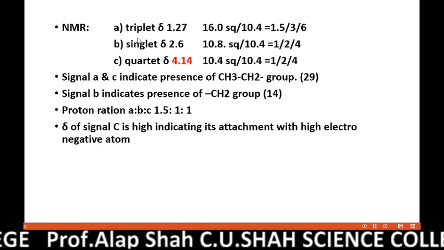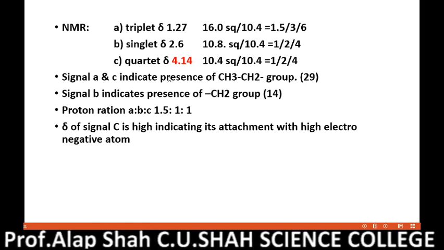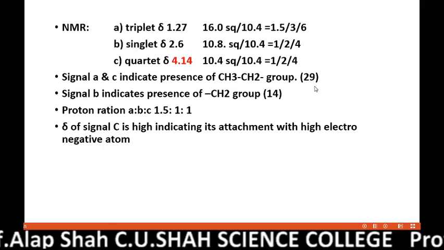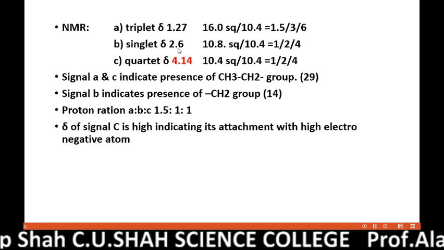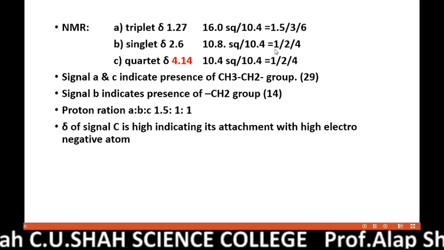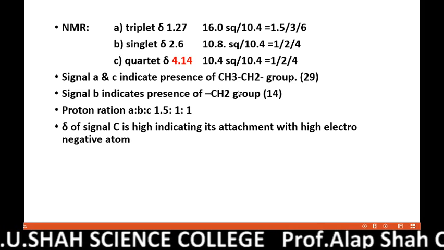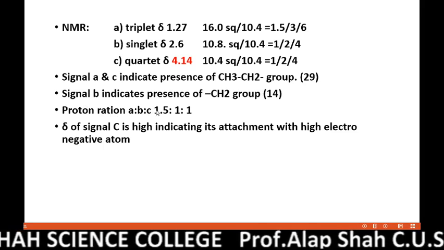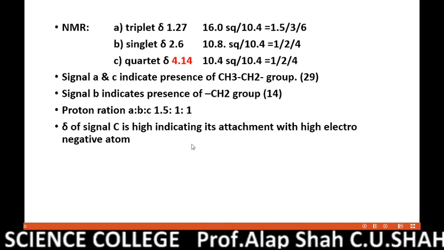Already we have discussed that signal A and signal C indicate an ethyl group because of the combination of triplet and quartet. Later on we will subtract the 29. Signal B, 2.6, is a slightly high delta value, and mostly it is 2 protons, so a methylene group is present, and its weight is 14. Already we have discussed the proton ratio of ABC, 1.5 to 1 to 1.